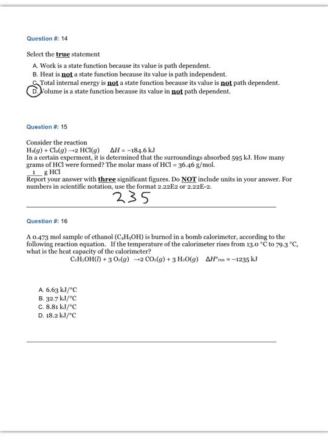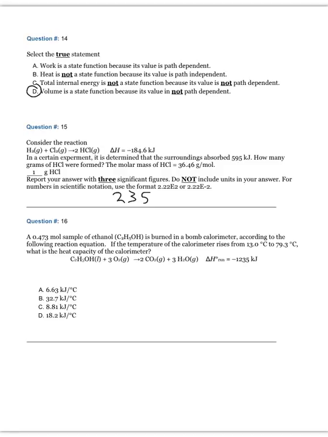Question number 16. A 0.473 mole sample of ethanol, C2H5OH, is burned in a bomb calorimeter according to the following reaction equation. The temperature of the calorimeter rises from 13 degrees Celsius to 79.3 degrees Celsius. What is the heat capacity of the calorimeter?